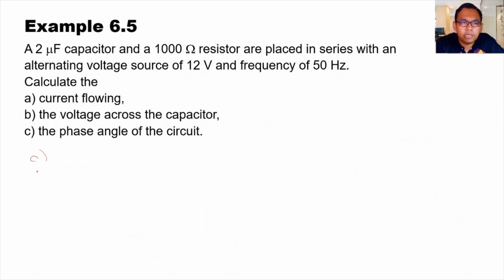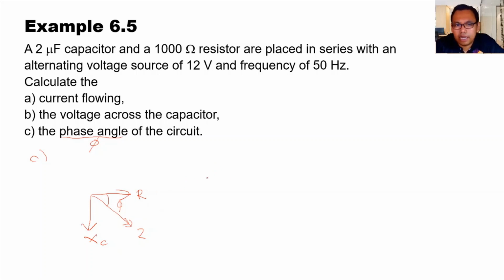C. The phase angle of the circuit. So that means we have to draw a phasor diagram. So let's draw. Just now we have R, an arrow like this is R, and XC arrow pointing downward. So the resultant of these arrows is Z, and this angle is the phase angle. Look at this diagram.